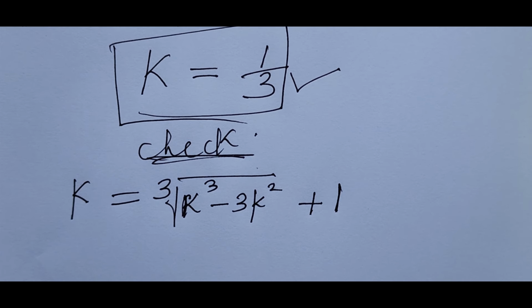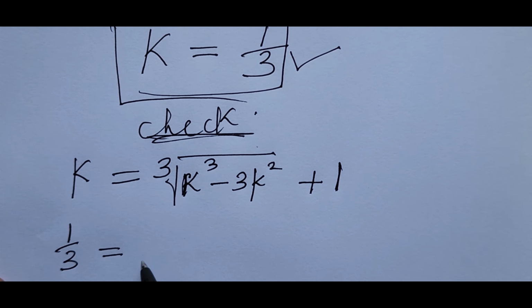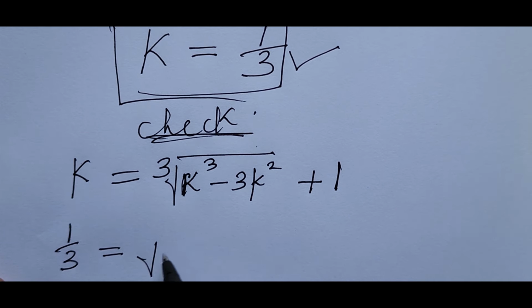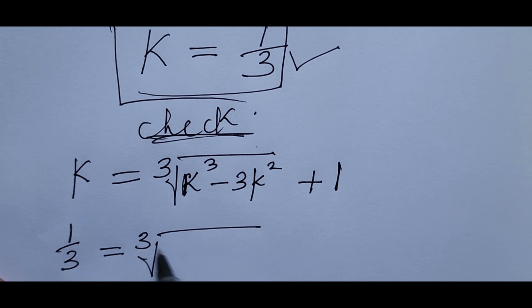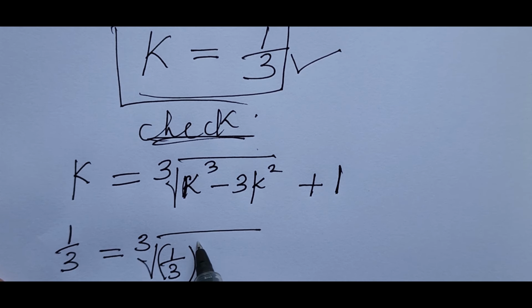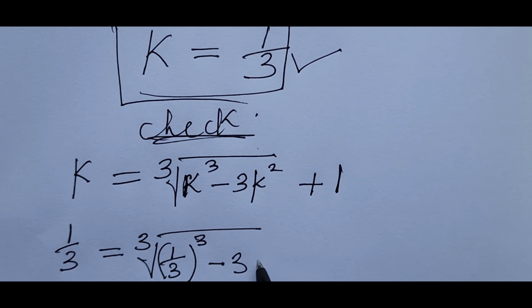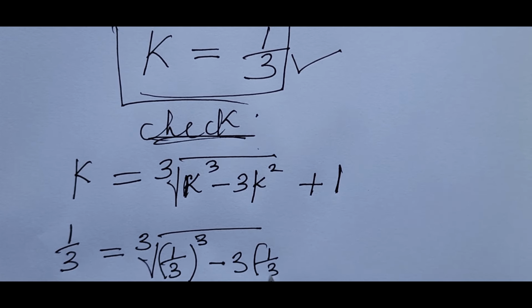Good. So from here, we have k to be 1 over 3. So we have 1 over 3 is equal to the cube root of 1 over 3 all raised to the power of 3, then minus 3 into 1 over 3 all raised to the power of 2, then plus 1.